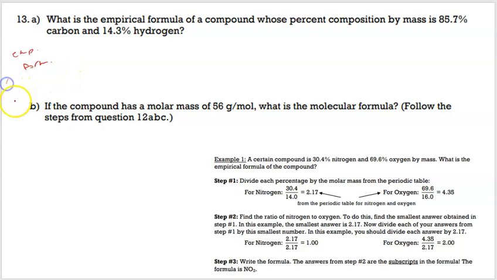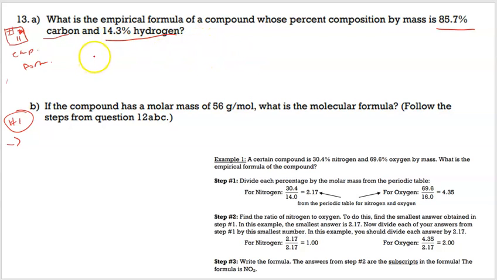Then once we know that empirical formula, we can apply that to step B. So this is like number 11 we just did, and this is kind of like number 12, right? We're going to put all those together. All right, so for number 13, what is the empirical formula of a compound whose composition is 85.7% carbon, 14.3% hydrogen?